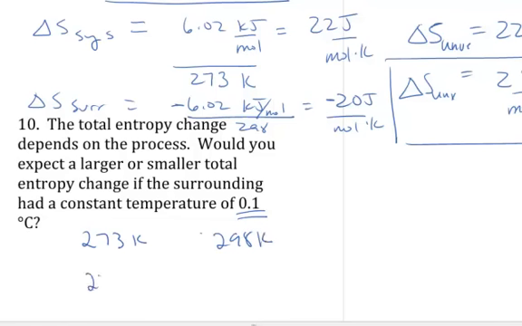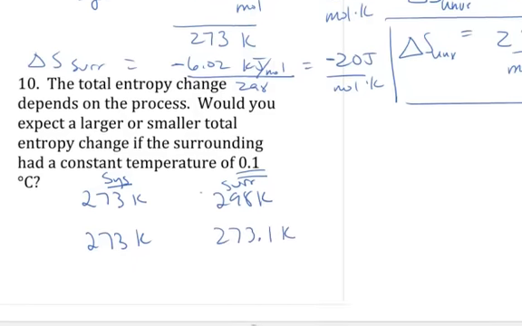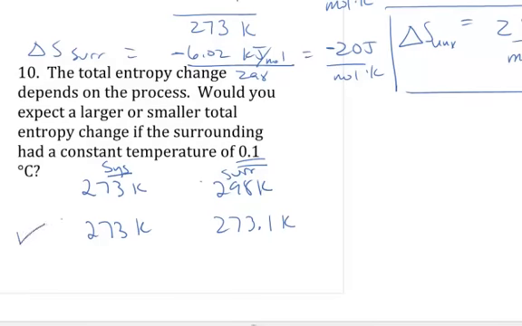This question is asking if the system was at 273 and the surroundings were at 273.1 Kelvin, would I expect a larger or smaller entropy change for melting than under the original conditions? Since the temperature difference is less, it's actually a smaller change in entropy. Nevertheless, it's still going from a warmer to a cooler, so it's a positive change, but a smaller one, because the calculated values are now closer.